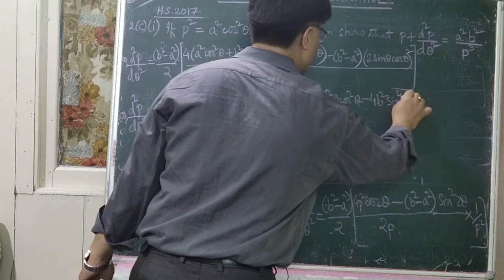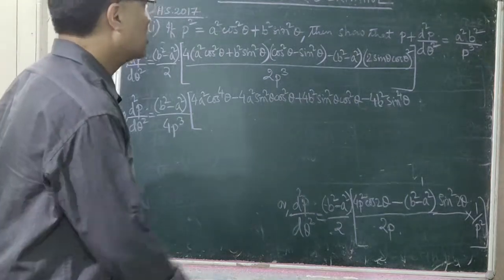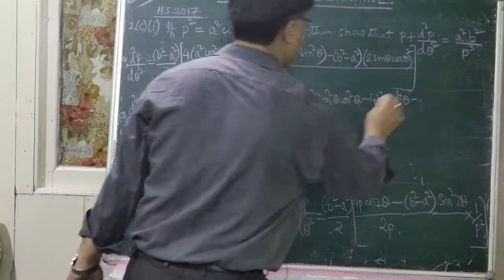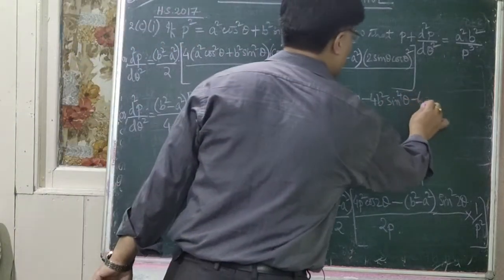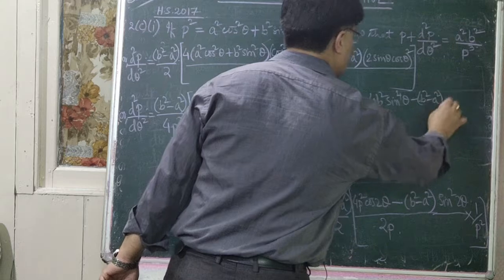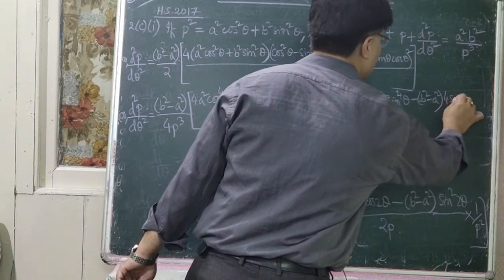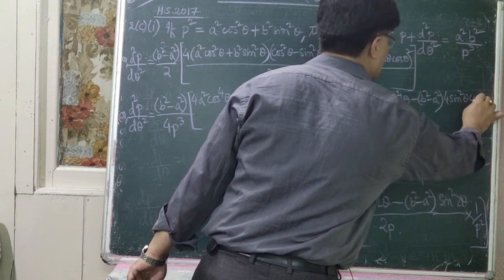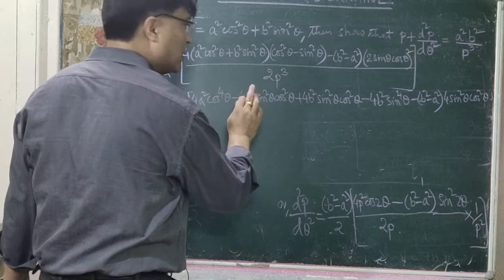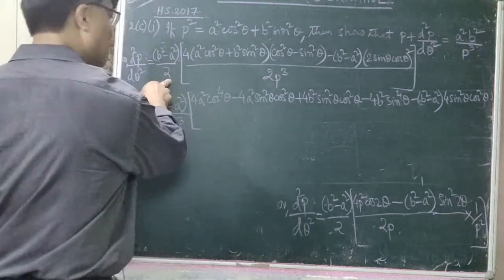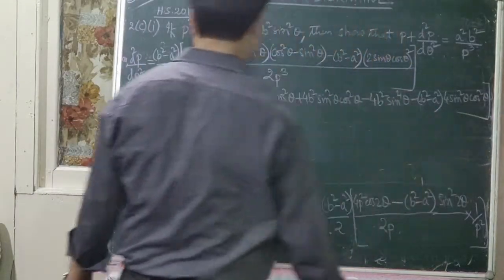It is sin to the power 4θ. Is that clear to all of you? So last one is minus (b² − a²). Write it, b² − a² within bracket. Then what is (2 sinθ cosθ) whole square? That is your 4 sin²θ cos²θ. Is that clear? So this 2p³ is written out here, 4p³, right? So here the third bracket is closed.